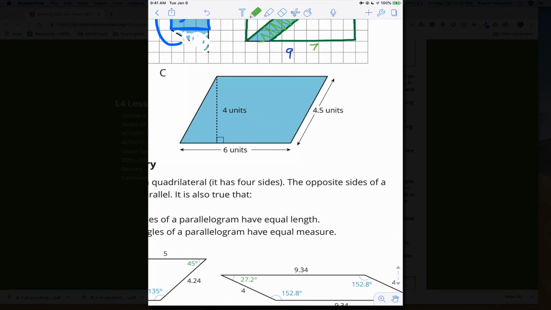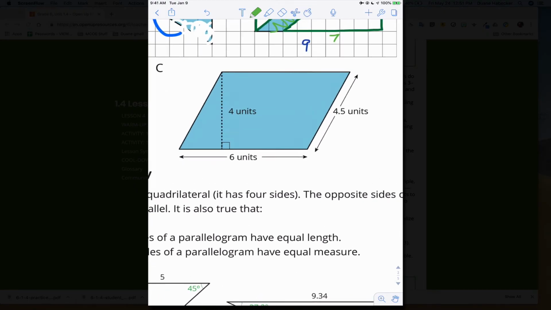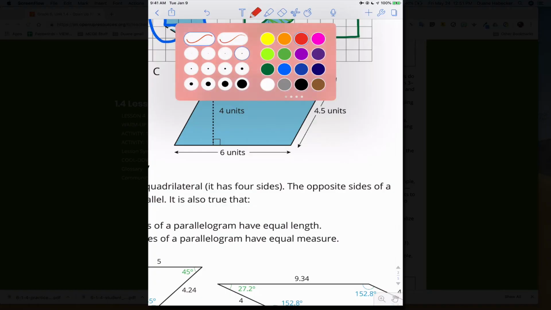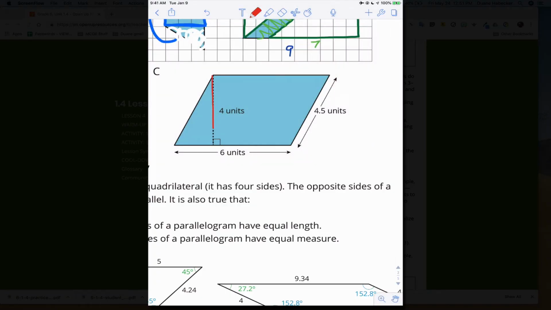And here we go, we've got another figure right here. I think the most common way that we might approach this, the classic way, is to take this little triangle and rearrange it over to here. So the original base was 6, and when we move it over, the base remains 6.